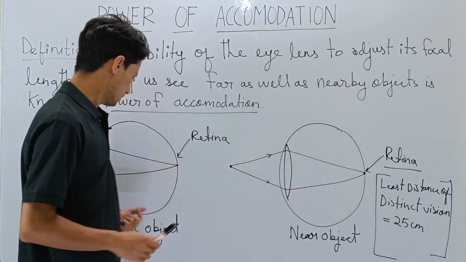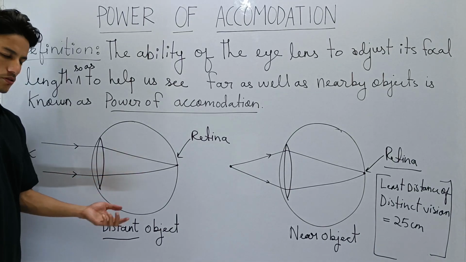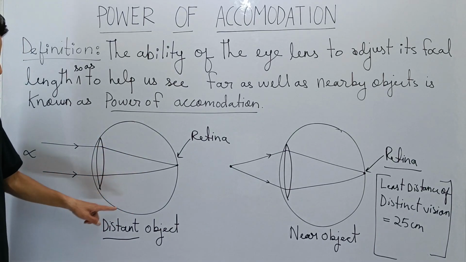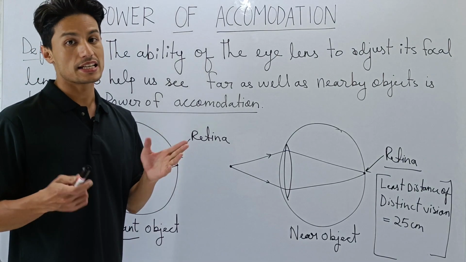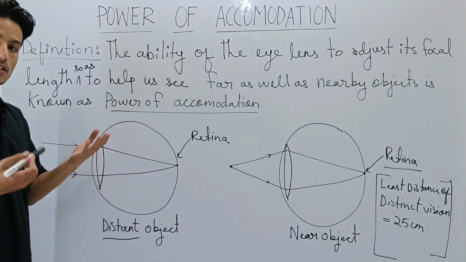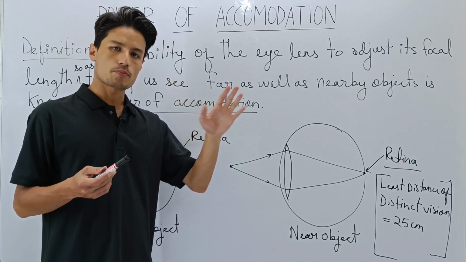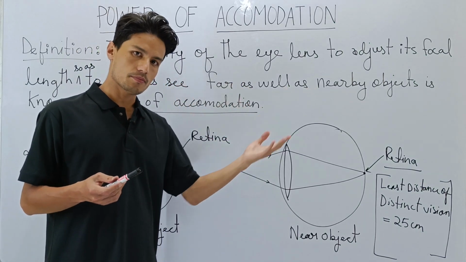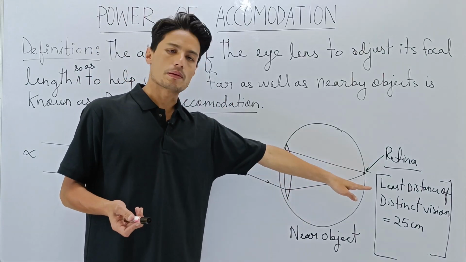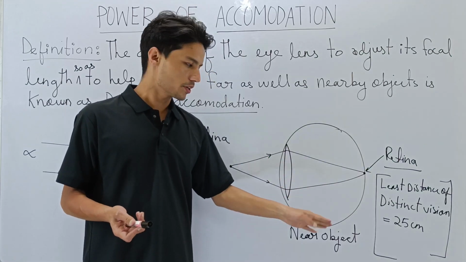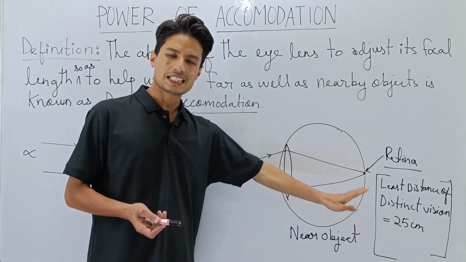Now we go to the far point. According to opticians who have studied the human eye, the far distance of vision for a normal healthy eye is infinity. So if you have a good eye, then there is no far point for you. The far point for you is infinity. This applies to all of us, whether you have a bad eye or a good eye.